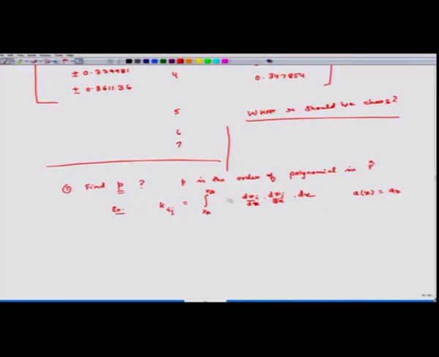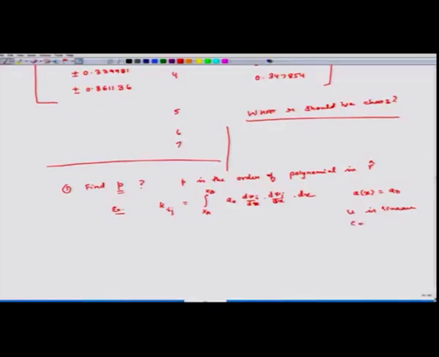So I can replace this ax by a naught. And what are these psi's? They represent the variation of u over the domain. If I assume that u is linear, then what is the variation of d psi over dx?